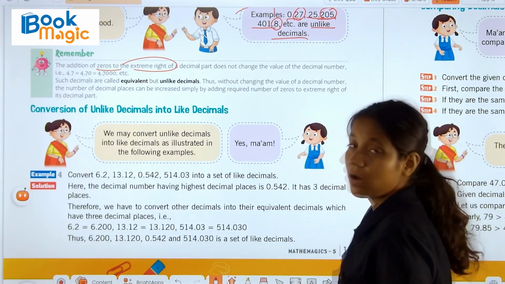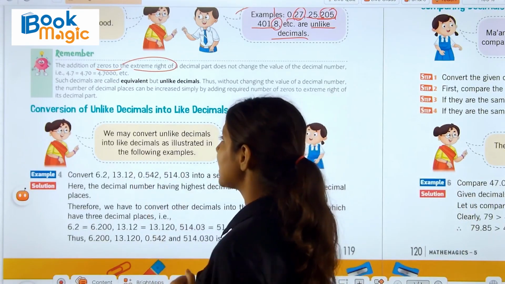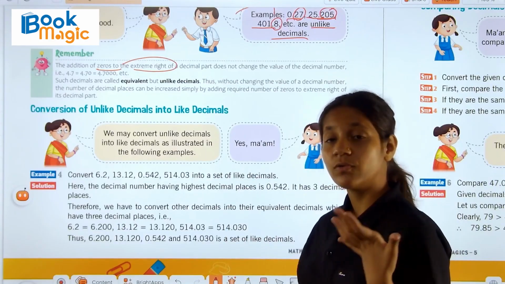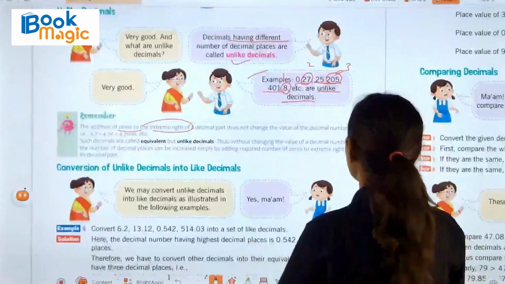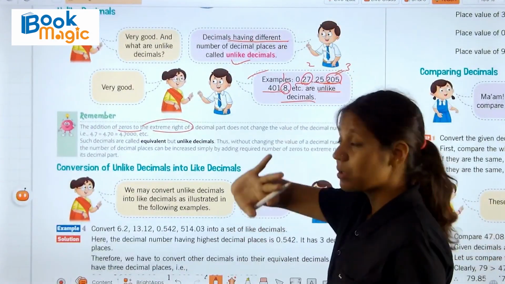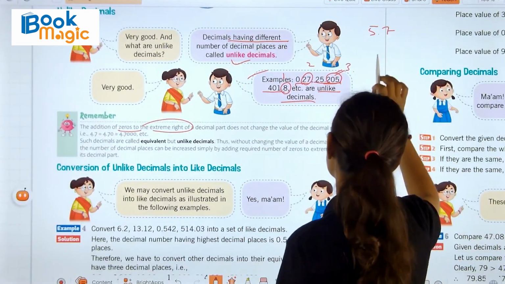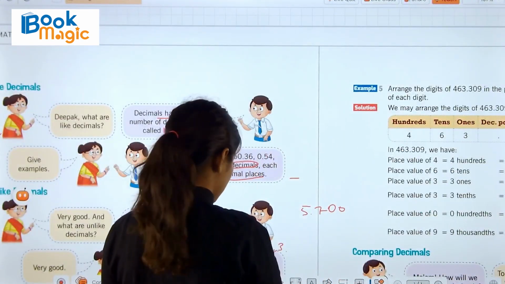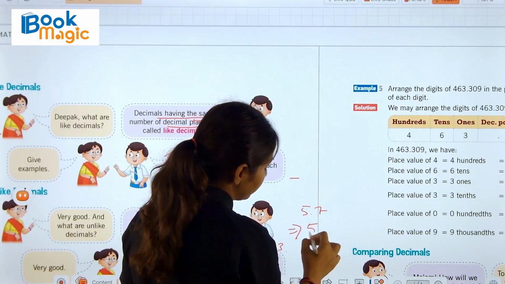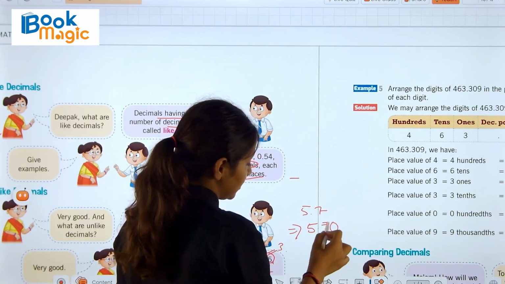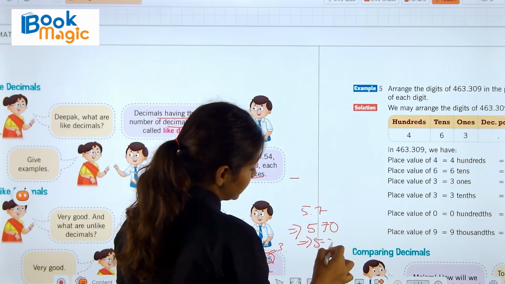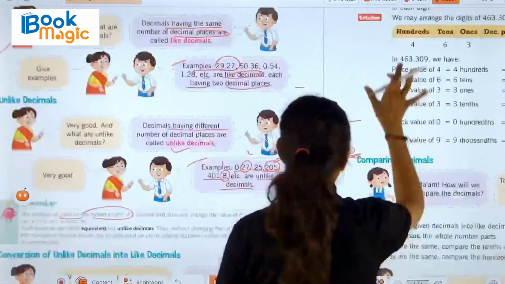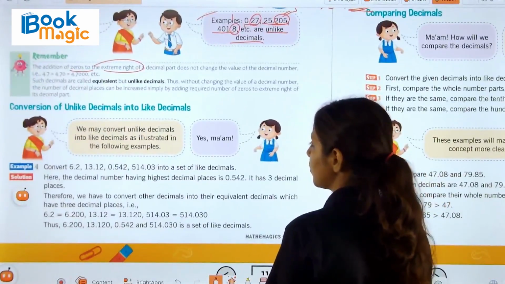For example, 4.7 equals 4.70 equals 4.7000, etc. So if we are having a decimal number, 5.7 for example, and we are adding two zeros here, we can write it as 5.700. That means these zeros are having no value. It's not making any change to our decimal.